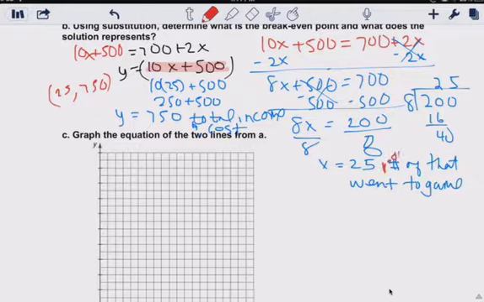So that's the number of people here that went to the game. 25 went to the game, and the company made $750 and it cost them $750. So they made nothing.